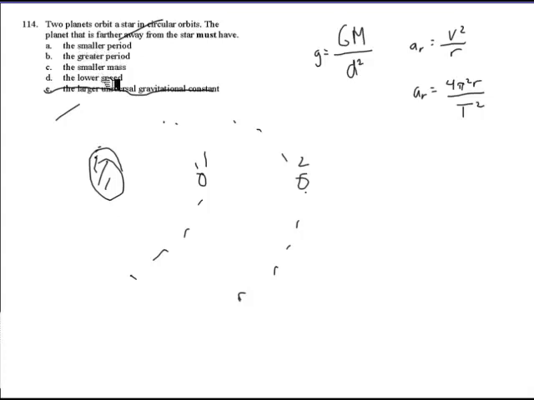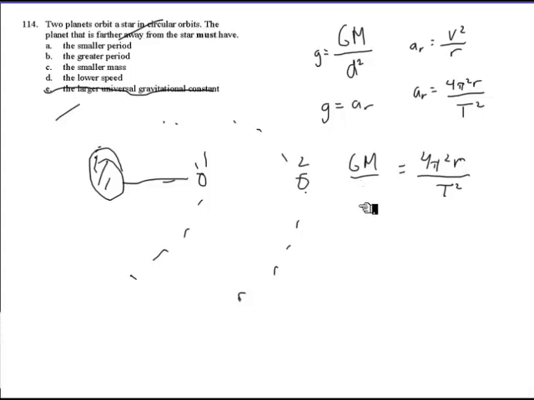All right, so let's see how radius is related to these two things. Let's first see how radius is related to period. So it's saying that if the only force acting on you is gravity, then g equals the magnitude of a_r. Okay? So we can set these things equal to each other, GM over d squared equals 4 pi squared r over T squared. And we can make the assumption that these planets are not nearly as massive as the stars, so this d squared can be approximated as r squared.